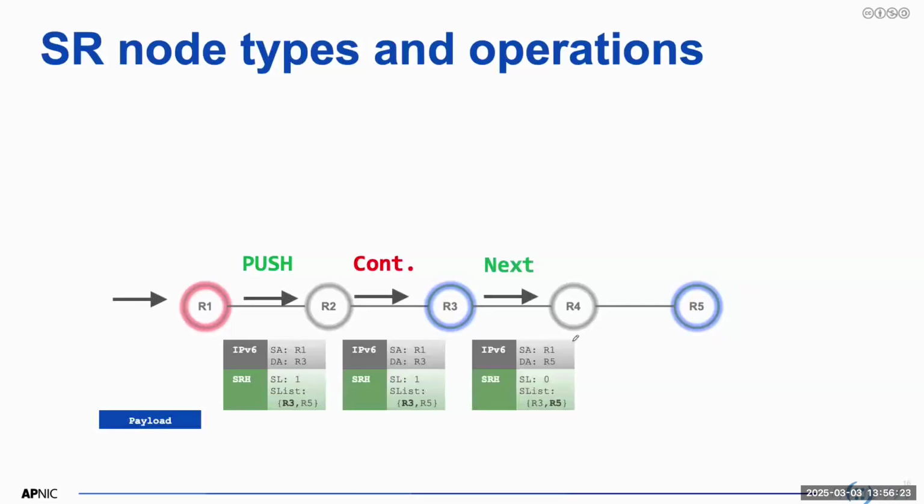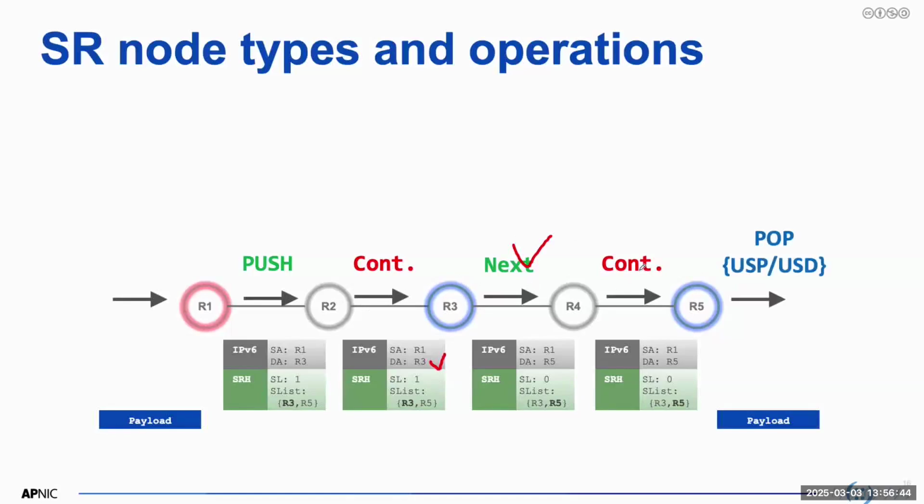But the next node, R3, actually finds its own address in the destination address. That means it needs to process the segment routing header, so it does the next operation. R4 again is not present in the list of segments, so it does the continue operation. And the last device actually needs to pop the SRH, and there are two different flavors.